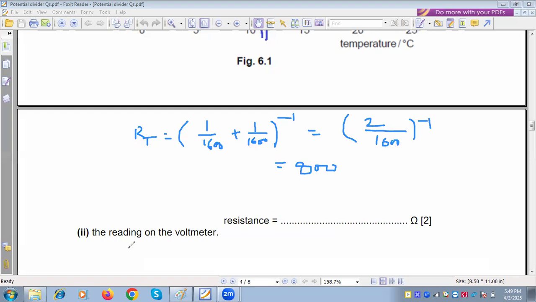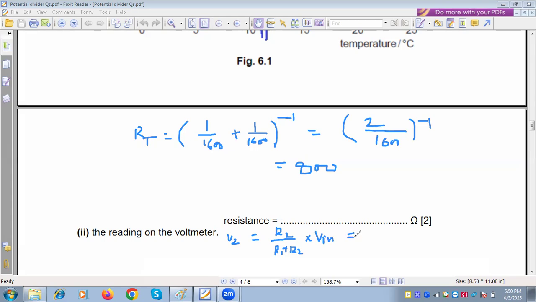The reading on the voltmeter: what will the voltmeter show? For that purpose, we have to take the resistance. V2 is equal to R2 over R1 plus R2 into V input, which is 9 volt.